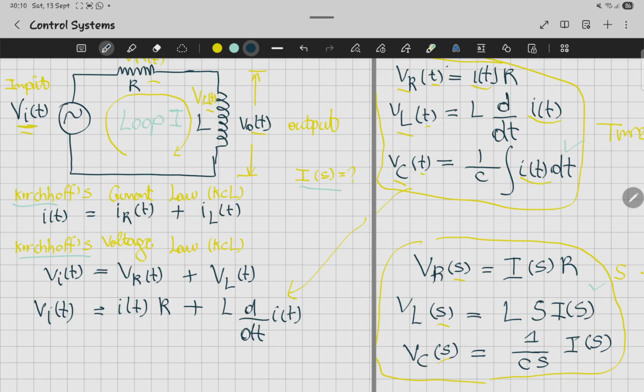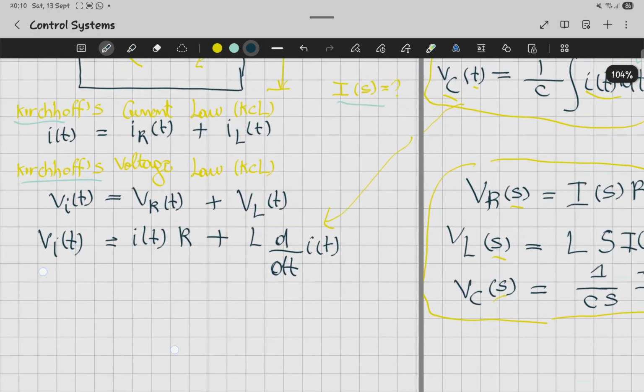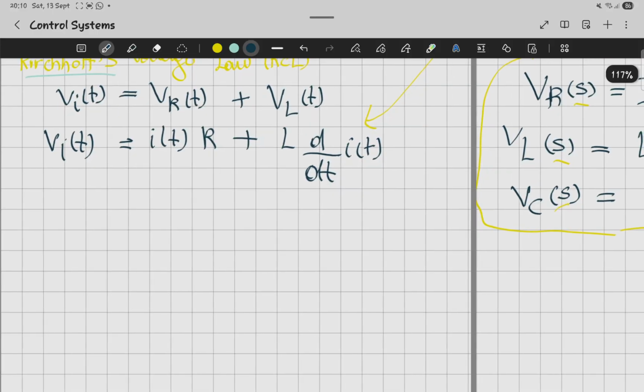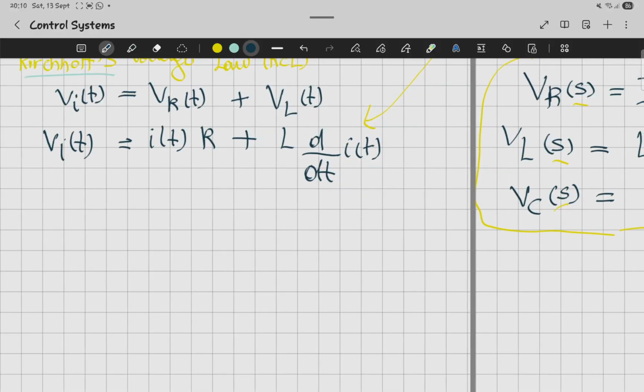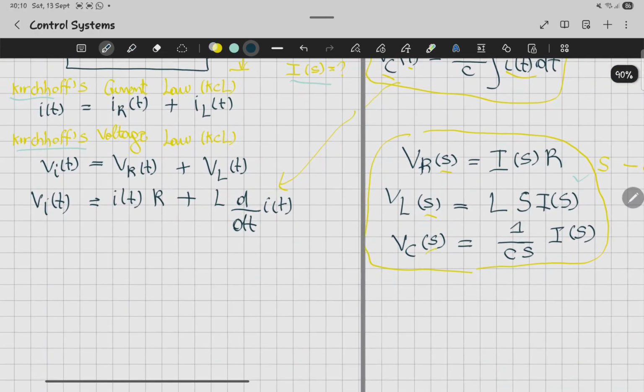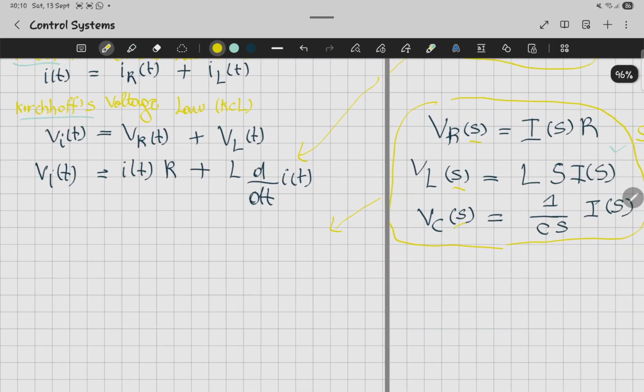Okay, so now once we get this equation, we have the option, if we want to work in S domain, we can now apply the Laplace transform to get this form. So this is where you're going to apply the Laplace transform on both sides.